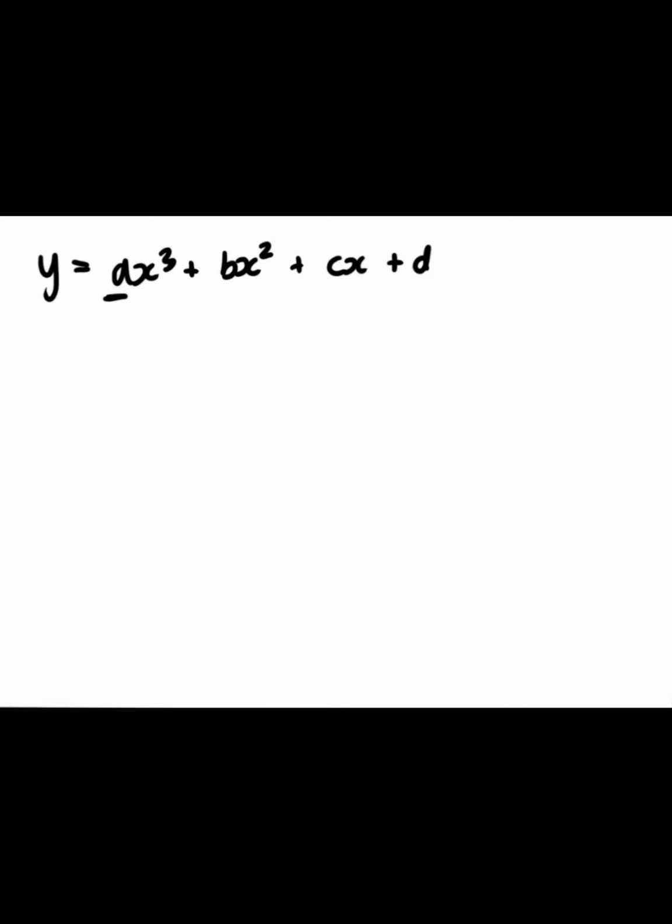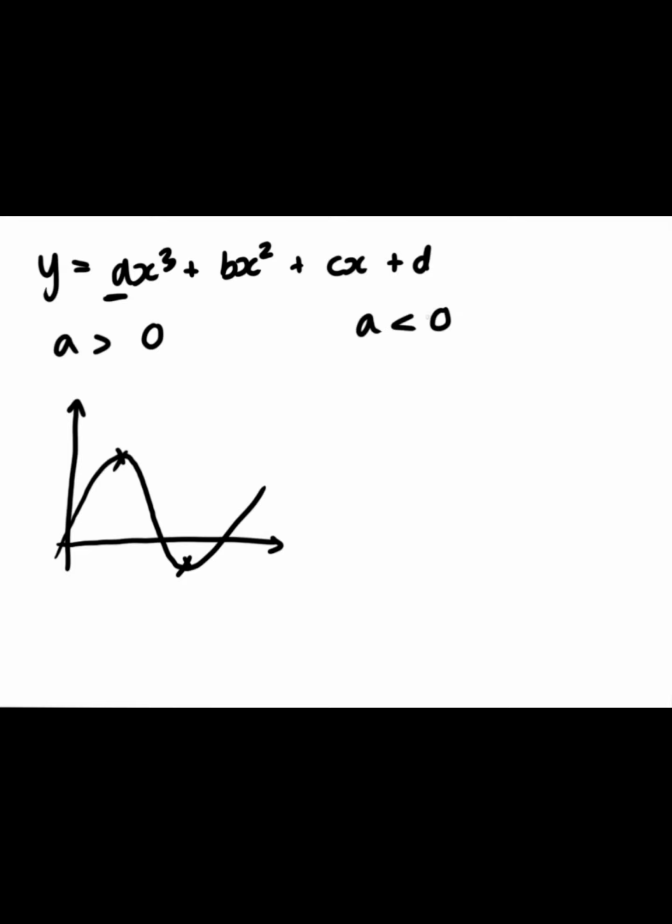So when a is greater than 0 in a cubic graph, you're going to get 2 turning points. The first one being a maximum and the second one being a minimum. And as you probably guessed, if a is less than 0, you again will have 2 turning points, but this time the first one will be a minimum and the second one will be a maximum.